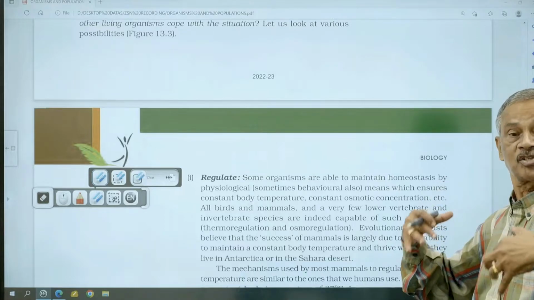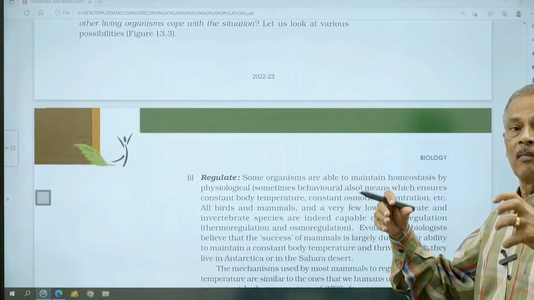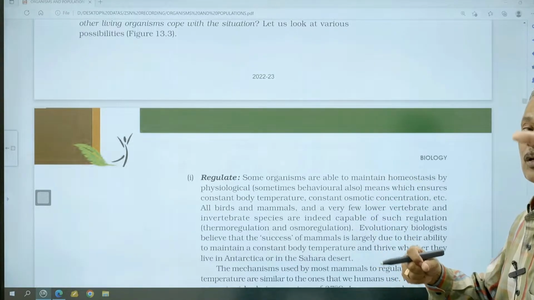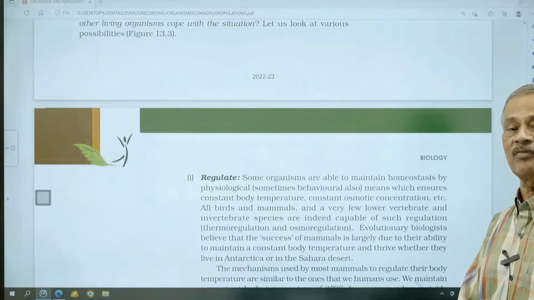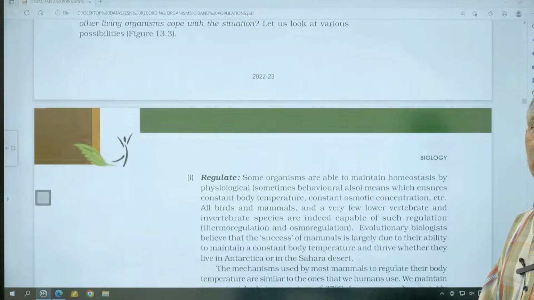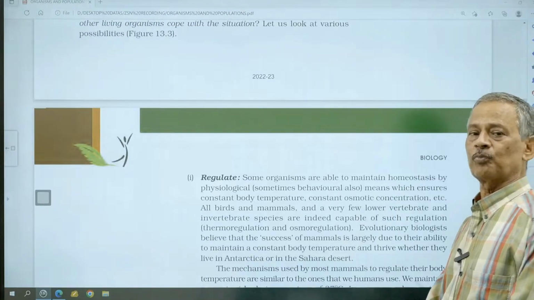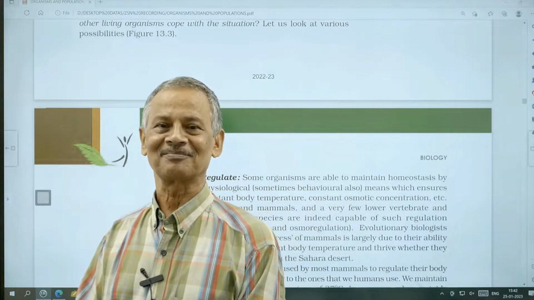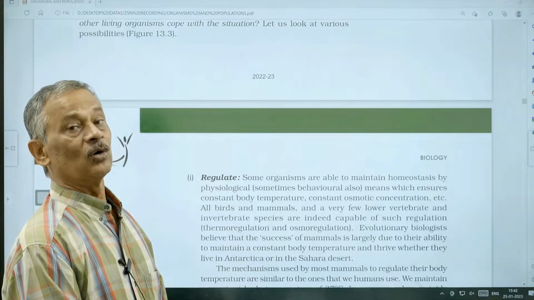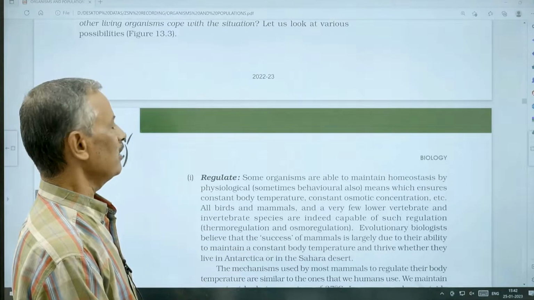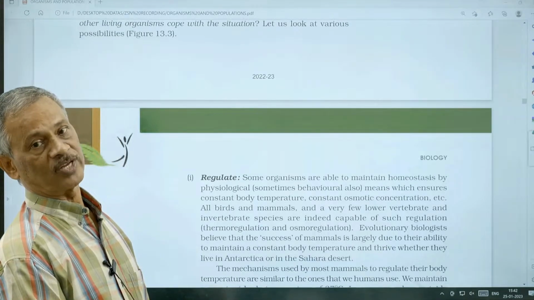And their metabolic machinery should be so advanced that every system, every part of their machinery should be under their control. So they should be highly evolved, highly advanced, having a sophisticated machinery for maintaining a constant, steady internal environment. And for running that machinery, they are ready to spend a lot of energy. Such organisms are called regulators. Okay, so they regulate and maintain a constant and steady internal environment despite the changes in the outside world.